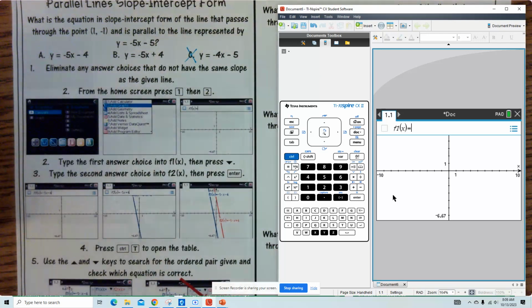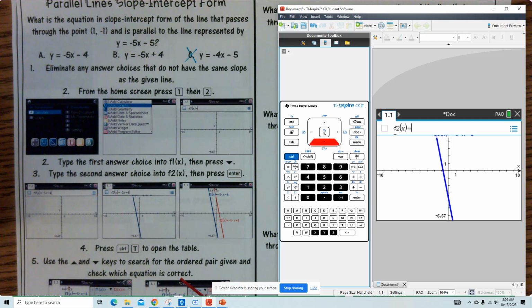So we're going to do -5x minus 4. And then we're going to hit the down arrow key, this one right here. And it's going to give you the next input line. And we're going to do the next answer choice or whatever's left on that line.